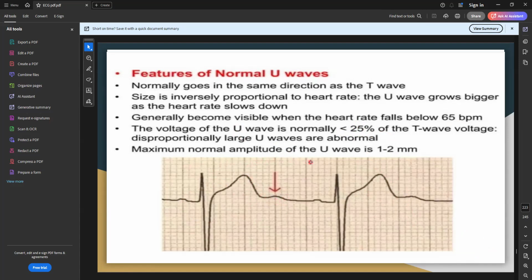Maximum normal amplitude is 1 to 2 small squares. As all of you know, each small square amplitude is 1 millimeter. So, 1 to 2 small squares, that is 1 to 2 millimeters.